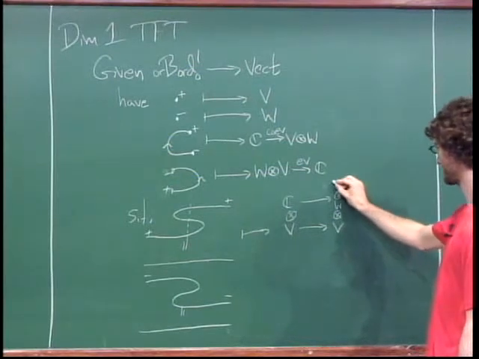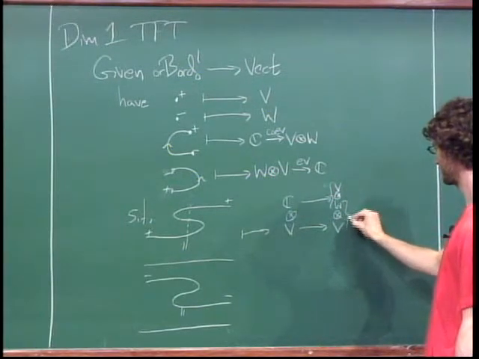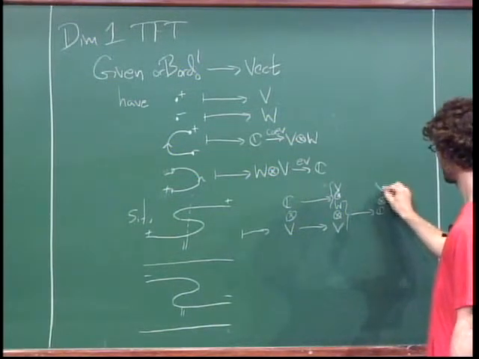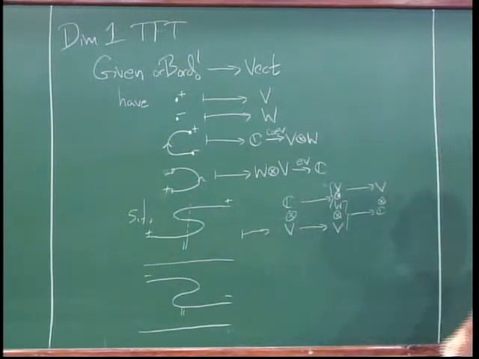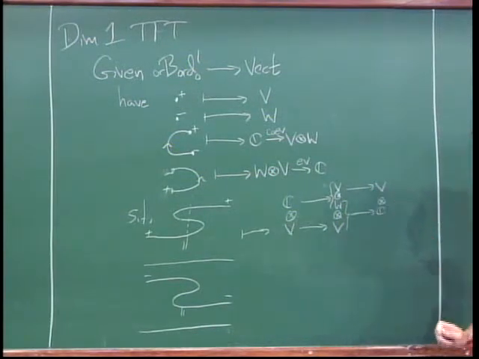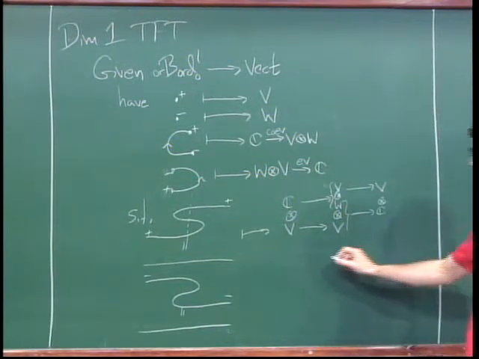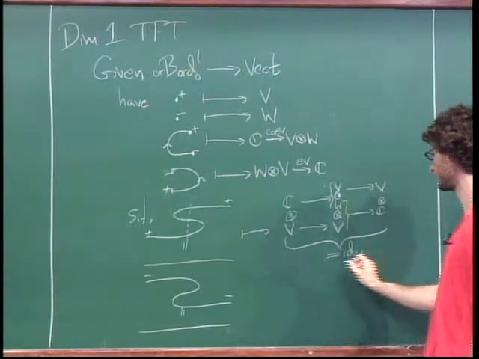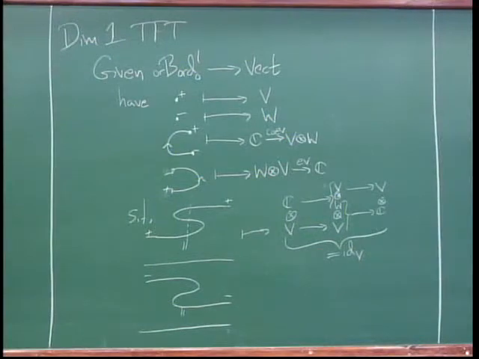And then these two factors map out to C, and that factor stays V. So this whole thing produces a map from V to V, and that composite is supposed to be equal to the identity on V.